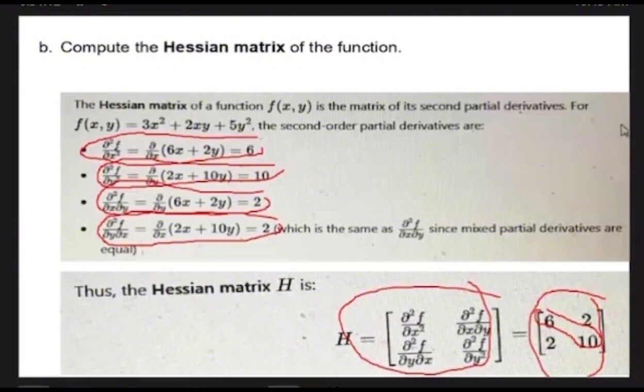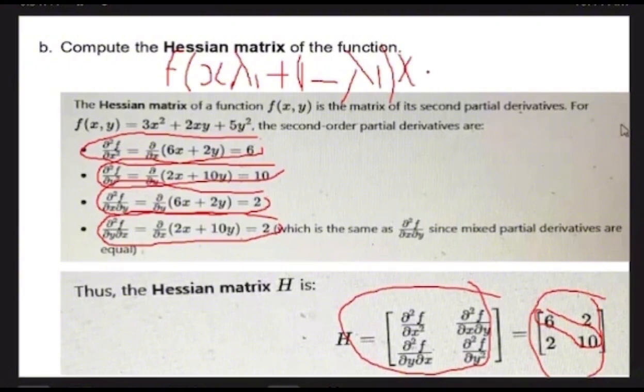You know that inequality where we have the weighted function, where you have something like this. Here you have f of lambda 1 x plus 1 minus lambda 1 times x. You remember this one?